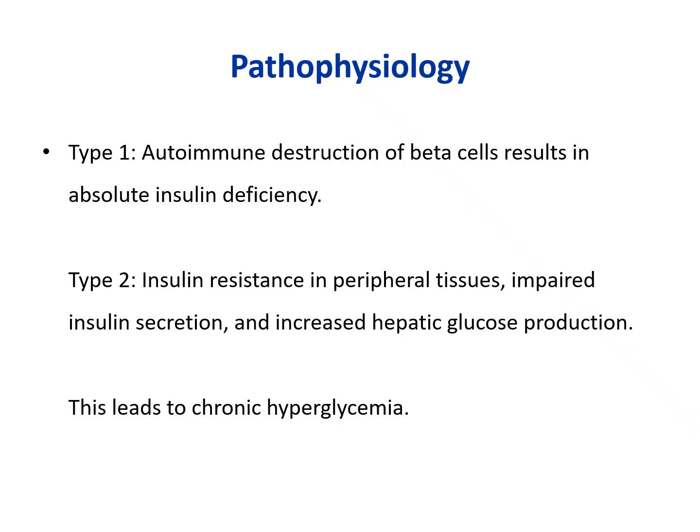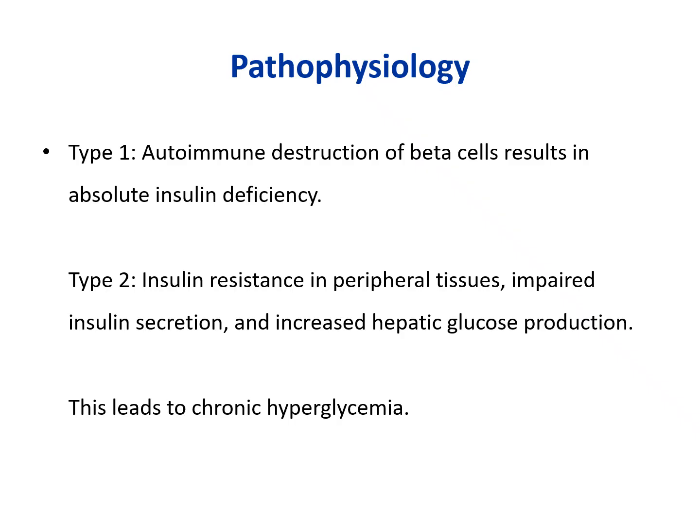They become insulin resistant, and then they show a high blood glucose level. So they develop type 2 diabetes mellitus.